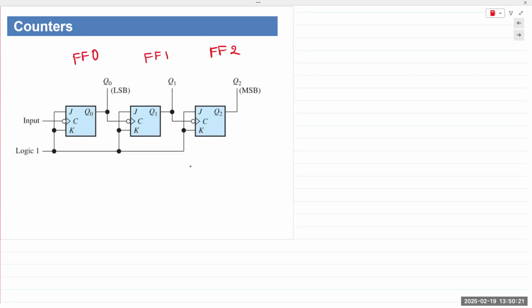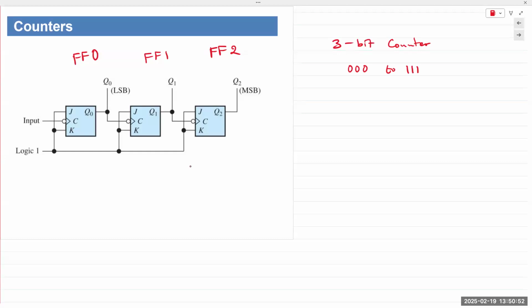A 2-bit counter will count from 0, 0 to 1, 1. 4 possible states: 0, 0, 0, 1, 1, 0, and 1, 1. A 3-bit counter would go from 0, 0, 0 to 1, 1, 1. 8 possible states, 0 to 7.